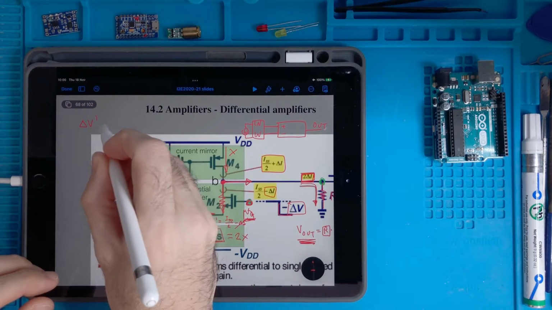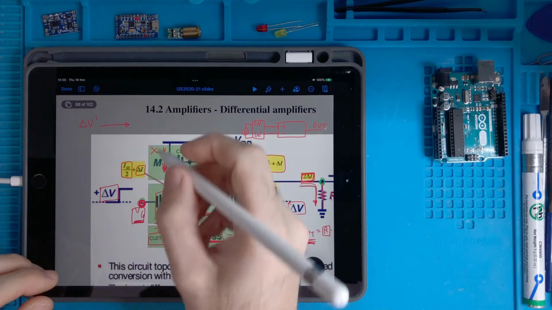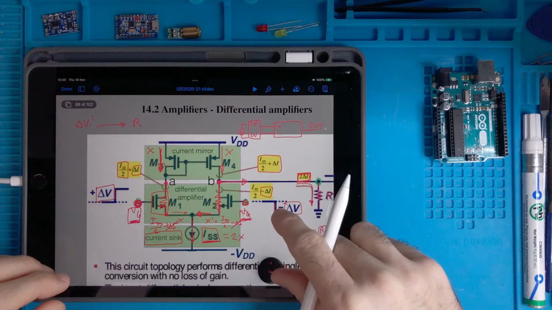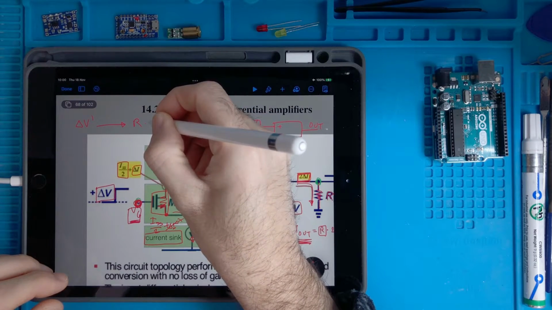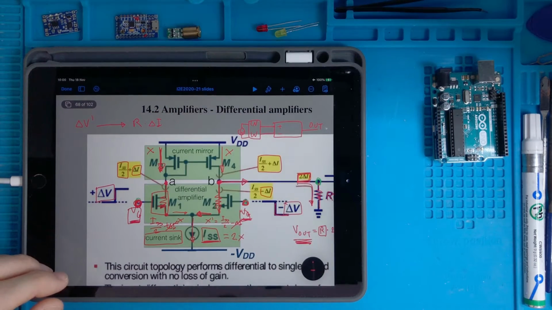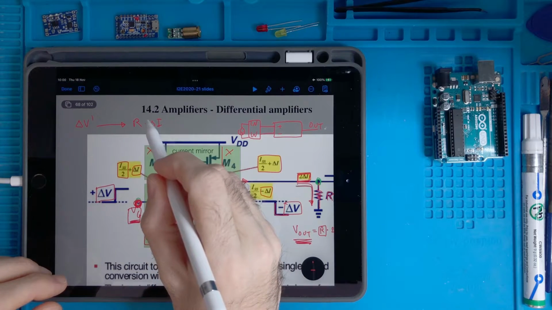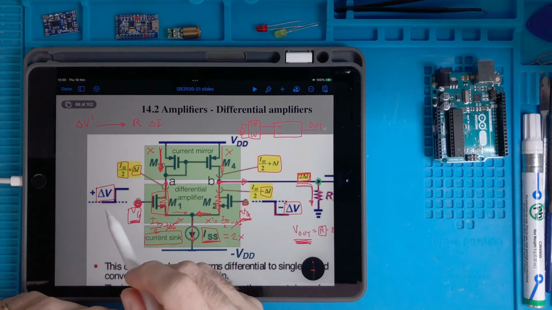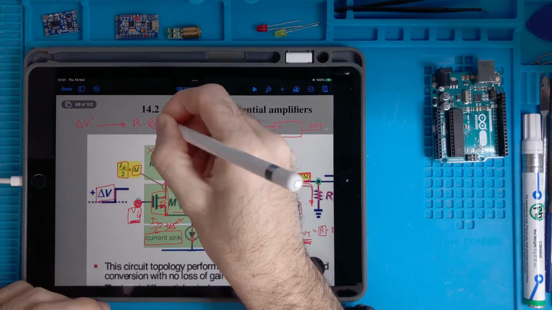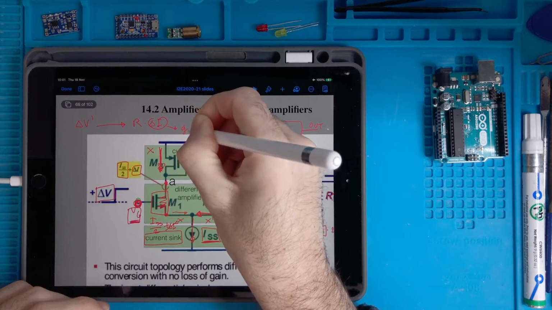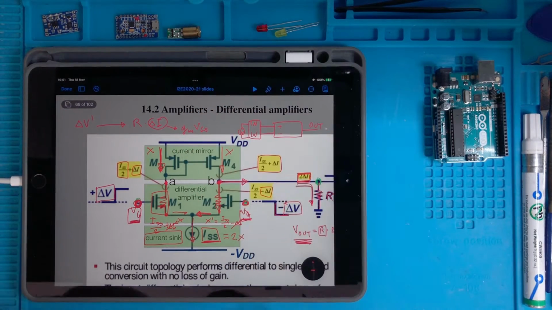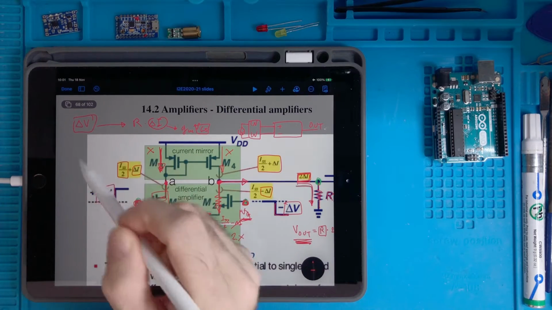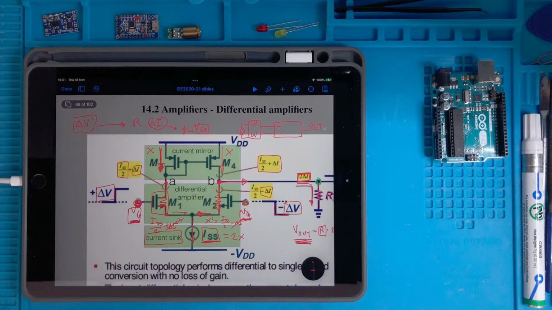This is the input, and the output is a constant multiplied by delta I, and we know that this delta I is something that somehow is related to the gate, because this is something like GM VGS, and this thing is related to delta V prime, which is the input.